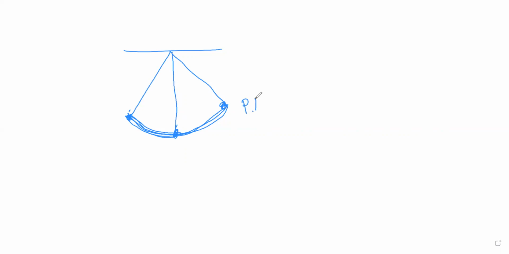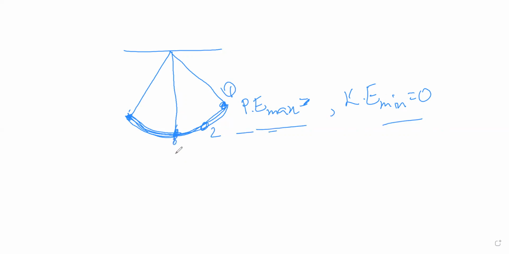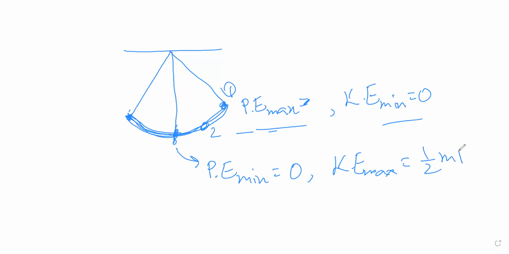In this position, our potential energy is maximum and our kinetic energy is minimum or 0 at position 1. At 2, we have some value for both. At 3, our potential energy is minimum or 0, but our kinetic energy is maximum, and the value will be half m v square. At 4, both have value.